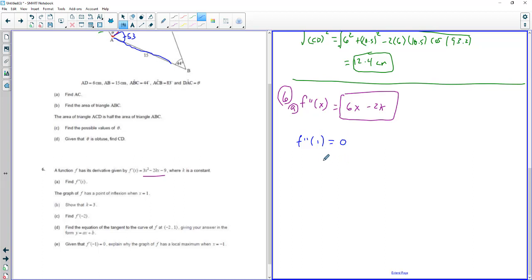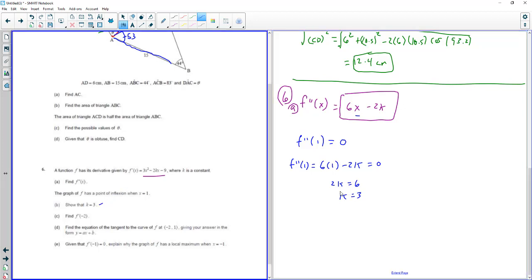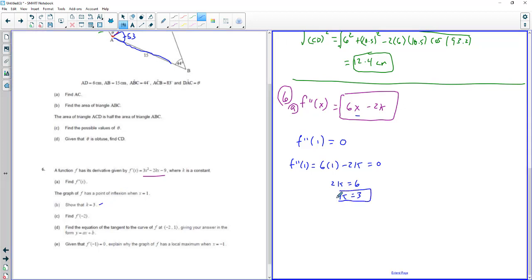So if I plug in 1 into that x, I know that 6 times 1 minus 2k has to equal 0, because this is what this is equal to. So that means that 2k would have to equal 6, and then k would have to equal what? 3. And all they want me to do is prove that. So they want me to show that k is equal to 3. And there it is, k is equal to 3.